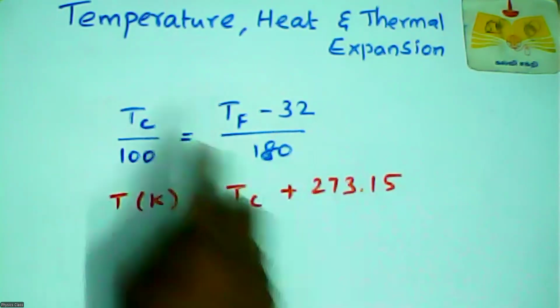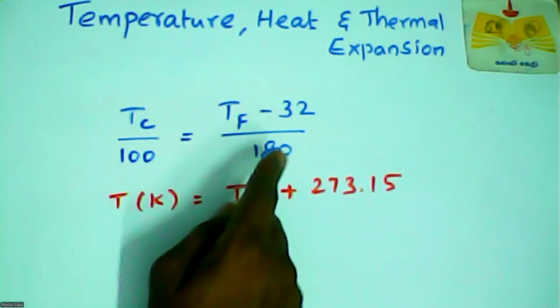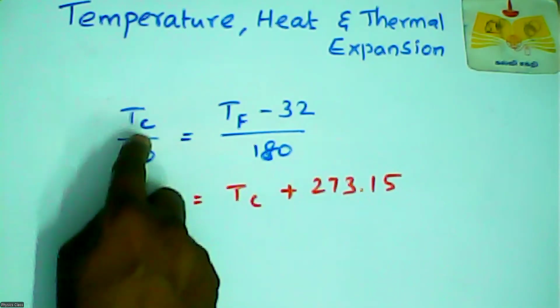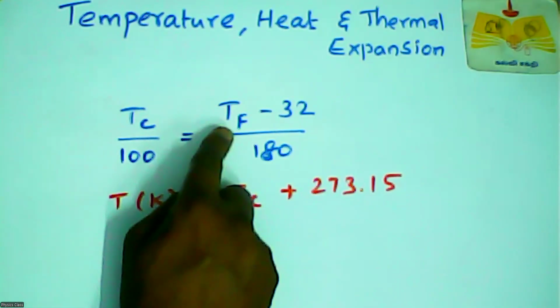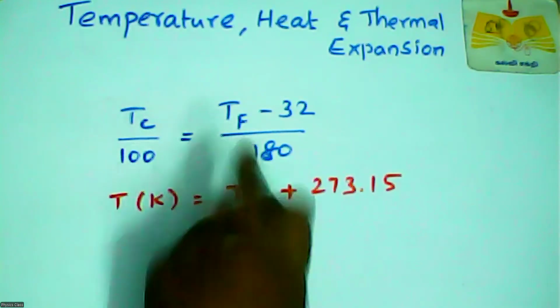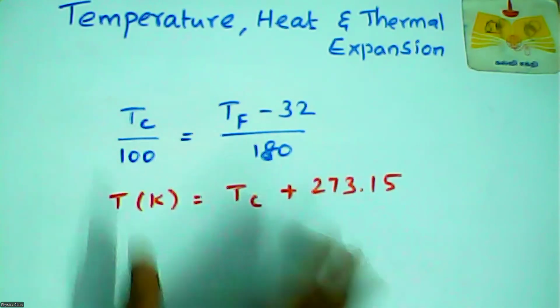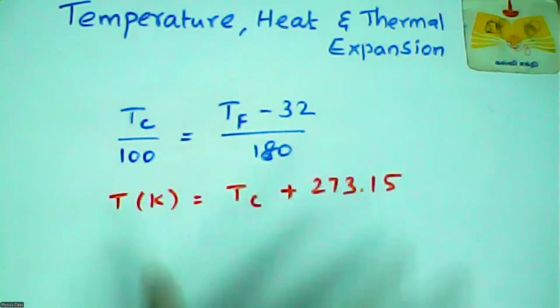Suppose you have a TC value, put it in and you will get the TF. Suppose you have a TF value, that is temperature in Fahrenheit, put it here and you will get the TC value. Clear? This is a very important formula. Please note it down.